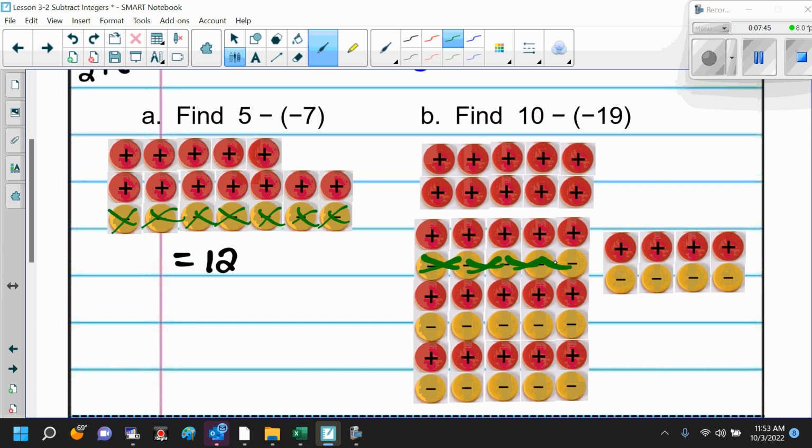There's 5, 10 negatives I'm taking out, 15 negatives, and here's 4 more. So that's 19 negatives that I've taken out. Now what's left? 5, 10, 15, 20, 25, 29 positives. Is everybody clear? So this is equal to a positive 29.